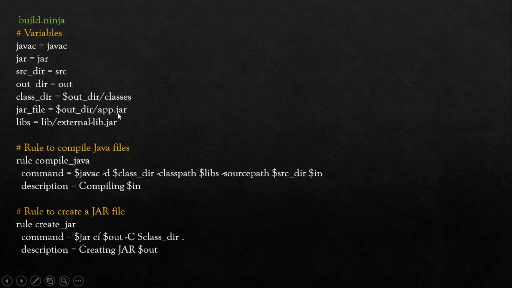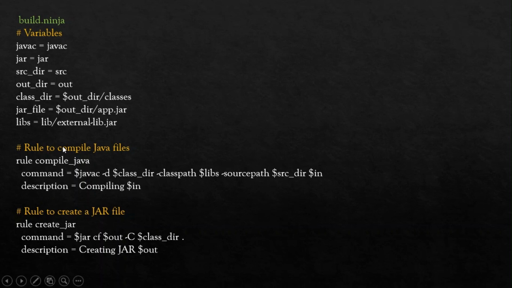Input files are defined inside this dollar in source directory, okay? And description: when ninja is executing this particular command, what the user sees on the monitor should help him understand what's going on in the background, right? So that's why we just output to the user compiling the input folders.